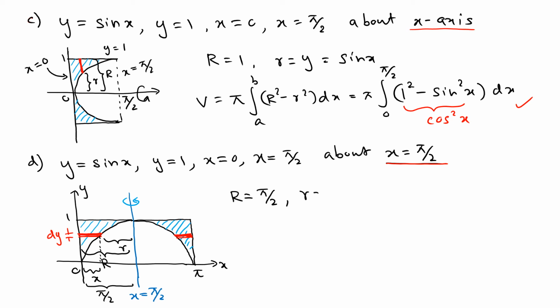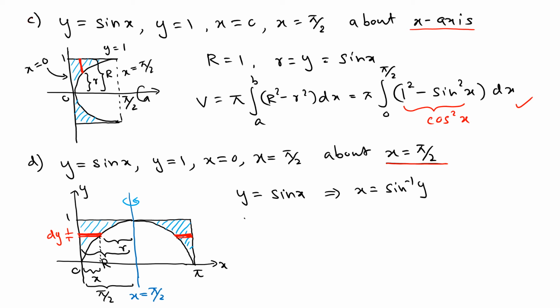The smaller radius: when you want to find it, you need the x coordinate. That means you have to solve for x. So we have y equal sine x, which says that x equals sine inverse y.